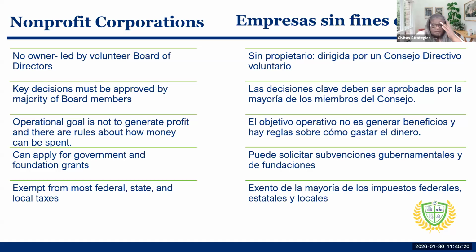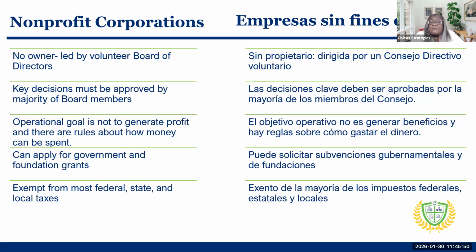Now, in addition to that, since the organization is not supposed to be operating to generate profit, there are several rules about how money must be spent in a nonprofit. On the positive side, nonprofits are typically exempt from most federal and state and local taxes, and they may be eligible for some government and foundation grants that other organizations usually are not eligible for.